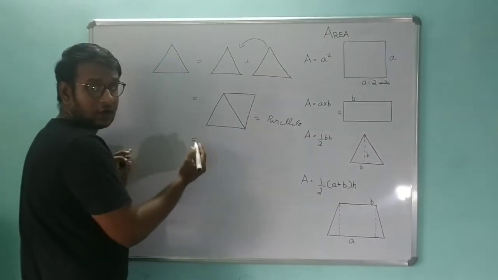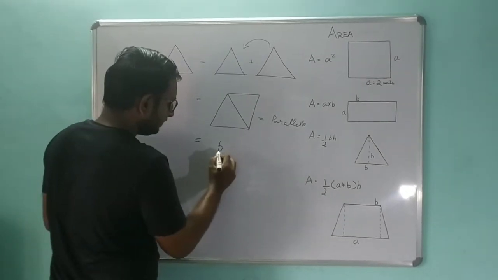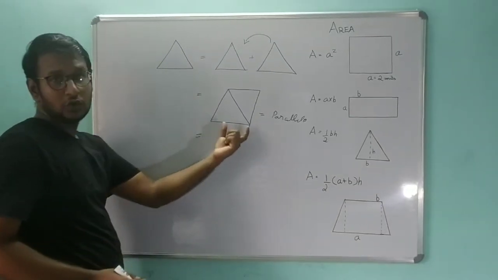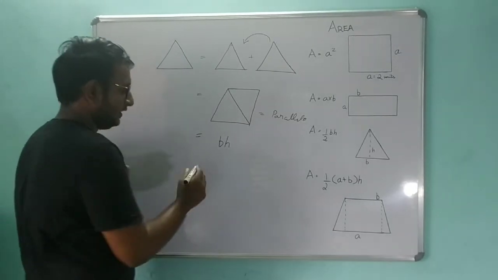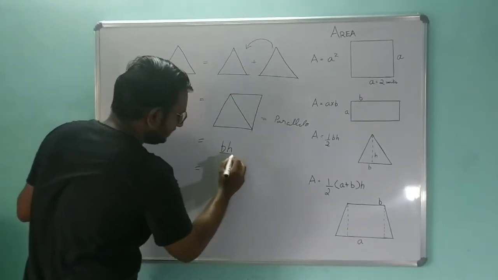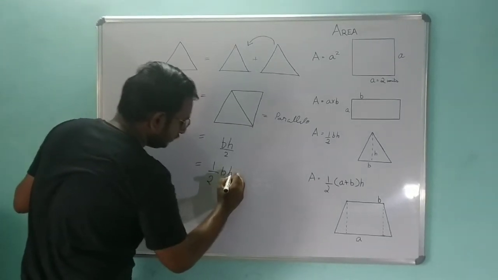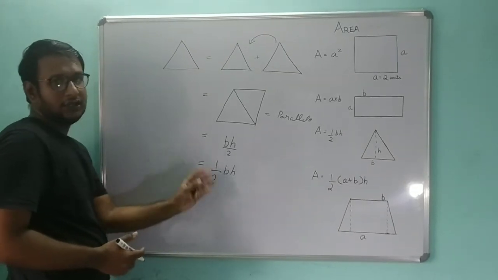So what is the area formula for a parallelogram? Simple, breadth into height. But this parallelogram has two triangles, and we need only one triangle. We need the formula for one triangle, so we have to divide this by 2. That's why we are getting half of breadth into height. This is how we got the formula of half B into H.